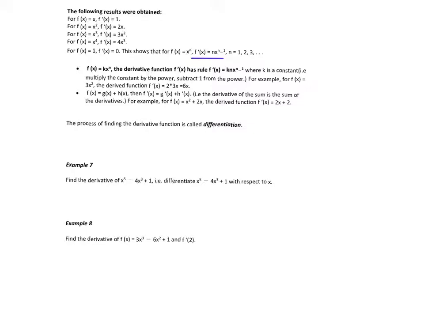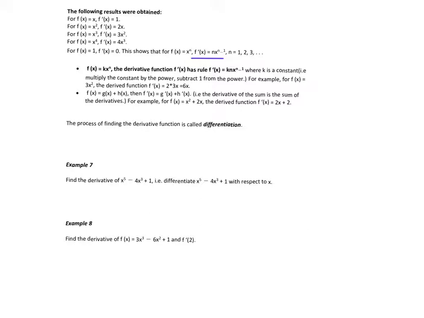So let's have a look at this example here in example 7. The question says, find the derivative of x to the power of 5 minus 4x cubed plus 1. All right, so what it's asking us to do is to differentiate it with respect to x. So there's a couple of different notations we could use here.